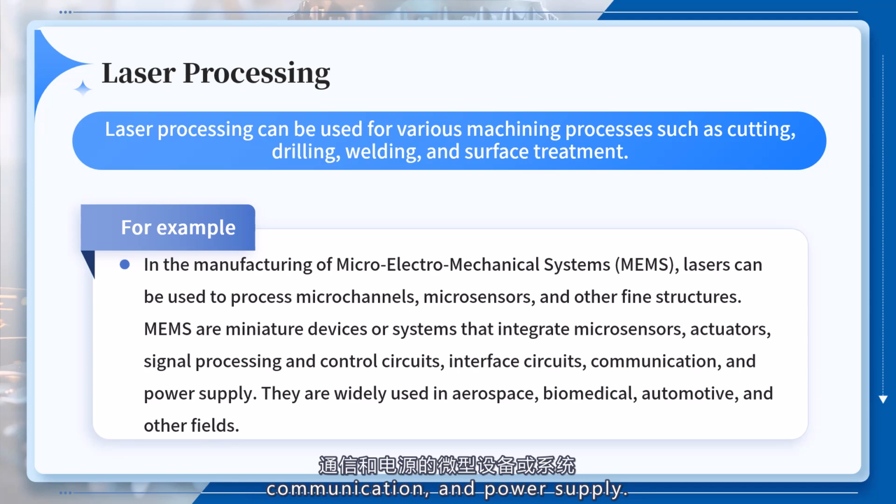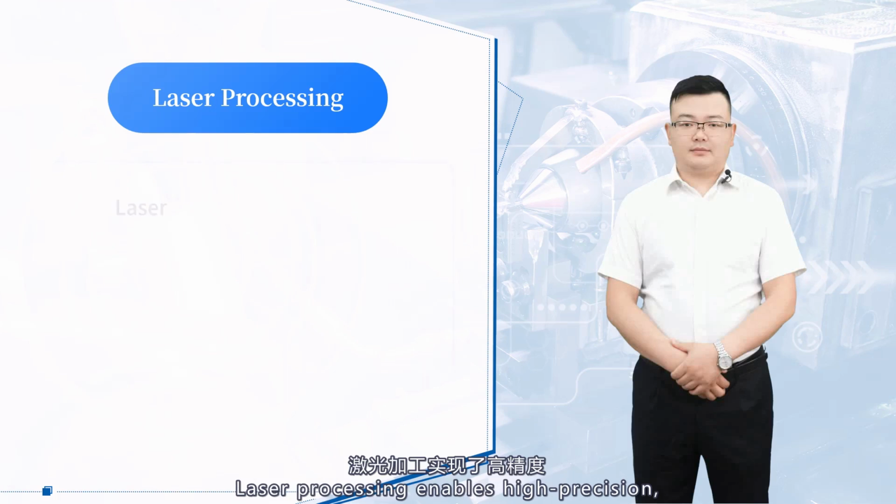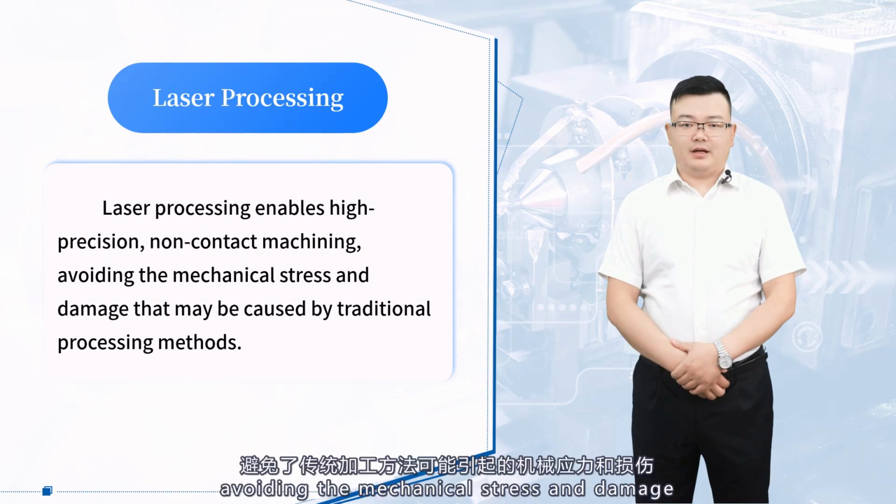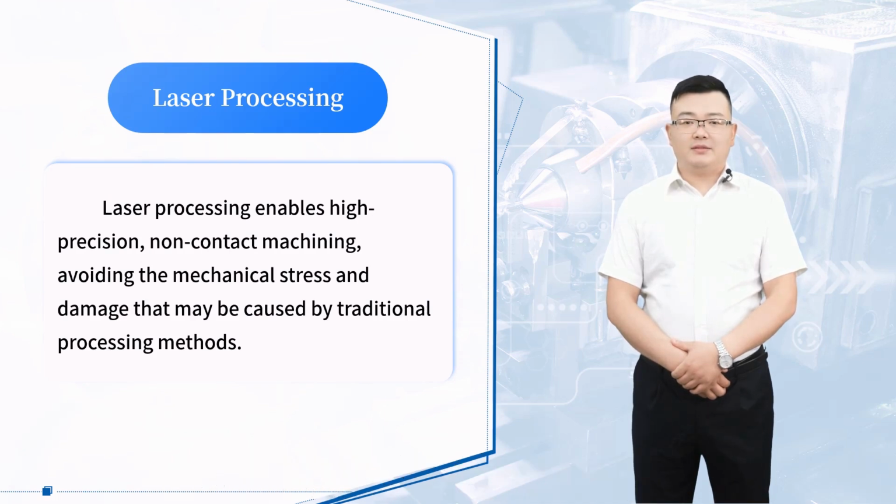They are widely used in fields such as aerospace, biomedical, and automotive industries. Laser processing enables high-precision, non-contact machining, avoiding the mechanical stress and damage that may be caused by traditional processing methods.